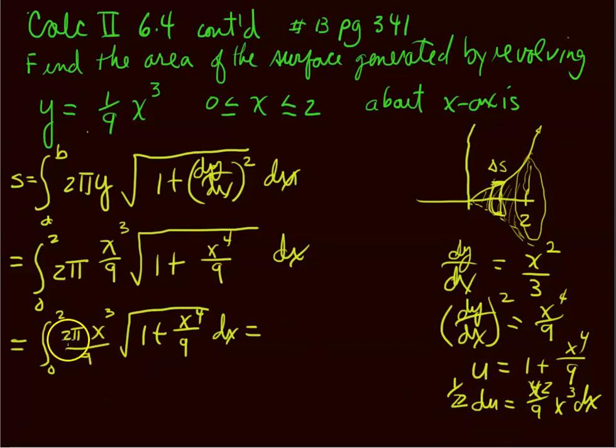So, since I'm replacing the 2/9 x cubed with 1/2 du, I've got the 1/2 and the du, and I'm replacing 1 plus x to the 4th over 9 with a u, so this is really just u to the 1/2.